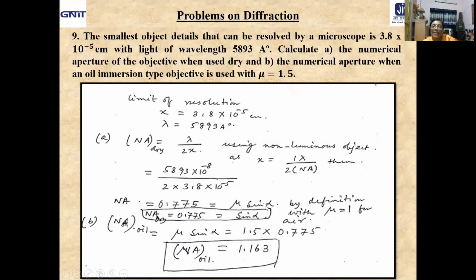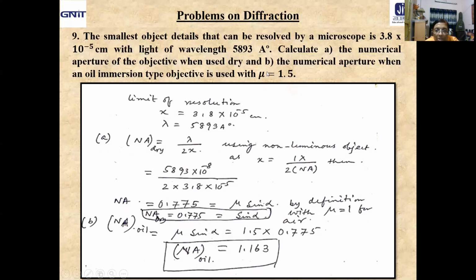It is the semi-vertical angle of the cone of rays entering into the aperture of the microscope objective. Now, when used dry means mu equal to 1. That means basically this is the value of sine alpha for air but dry system. This is the definition. Mu equal to 1 when used dry. So sine alpha equal to this value.